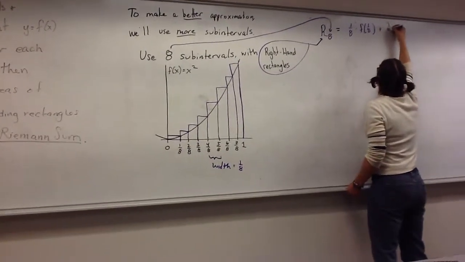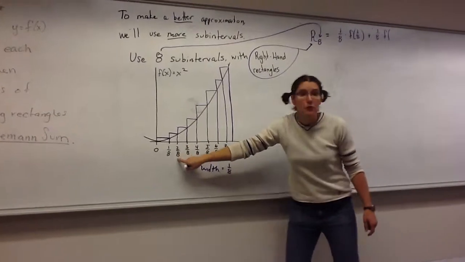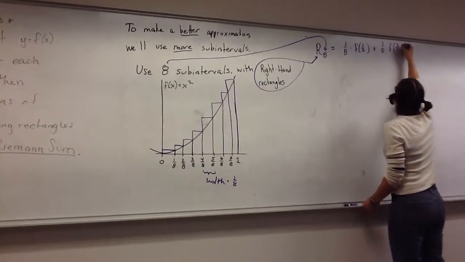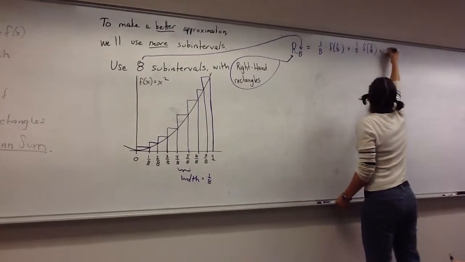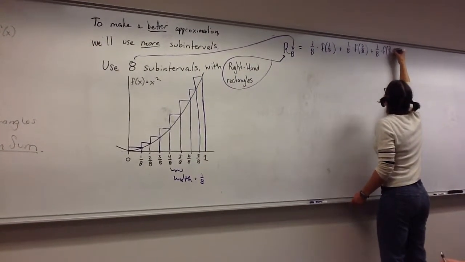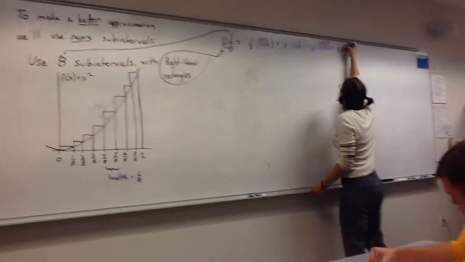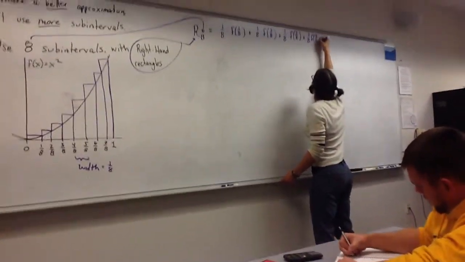My second rectangle, the width is 1/8, and the height will be the height above 2/8, which is 1/4, if you prefer. My third rectangle will be 1/8 times f of 3/8. Then I've got 1/8 times f of 4/8.